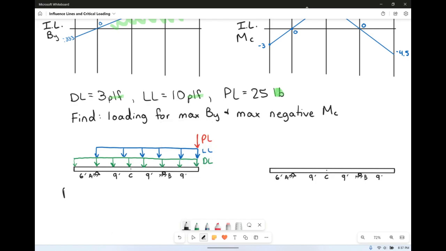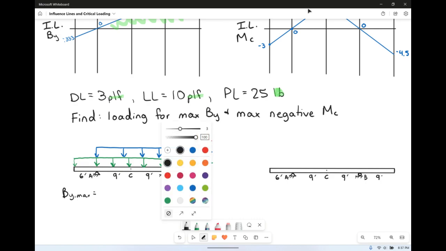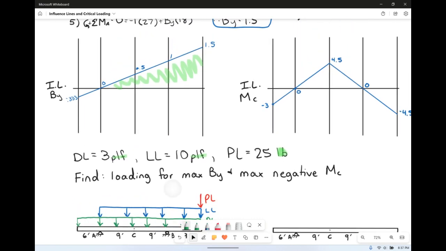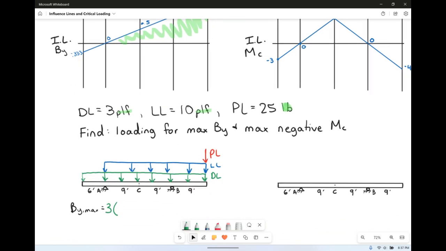By maximum is going to equal, first up, we have the dead load. The dead load was 3 pounds per linear foot times the area that the dead load acts across. Well, it is going to act across both the negative triangle there and the positive triangle. So for the negative triangle, that's 1/2, the base is 6 feet, the height is negative 0.333.